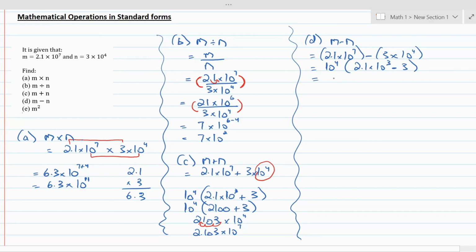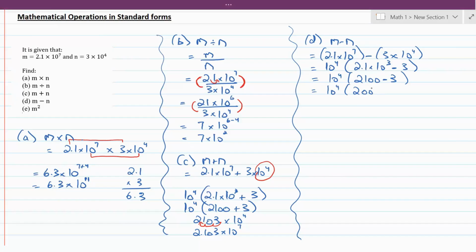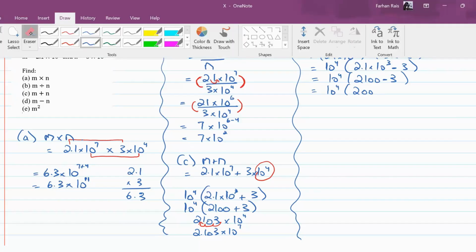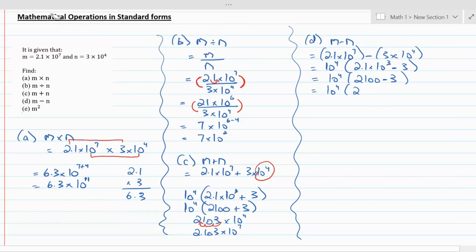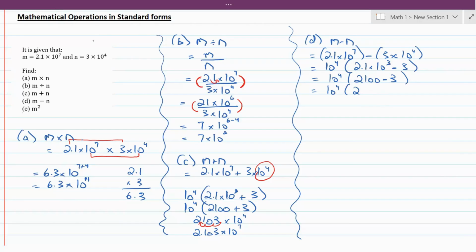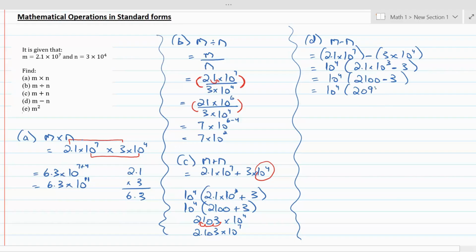So 2.1 into 10 to the power 3 would be 2100 for us, minus 3. And as a result, we get this as 10 power 4, 2100, minus 3 would be 2097.